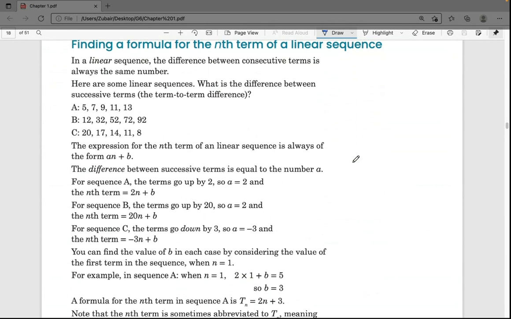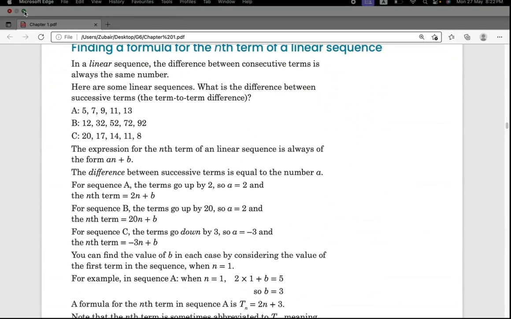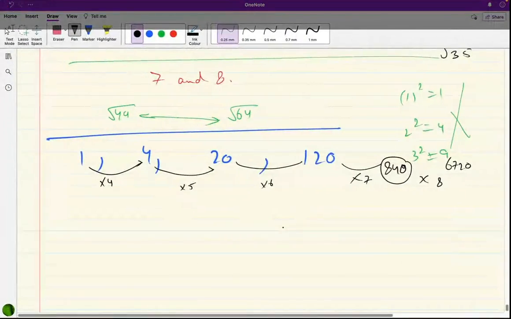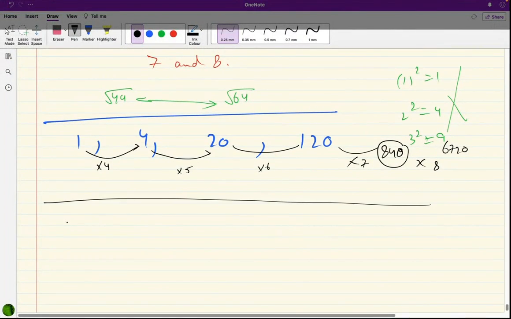Finding the formula for nth term of a linear sequence. So there's this basic form. If we talk about the term number, let me represent it with t and n term number. So basic formula is Tn equals a plus n minus 1 into d, where Tn is the term, n represents the term number, and a is always the first term of the sequence.